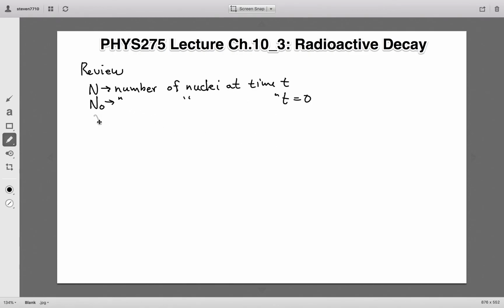We call lambda our decay constant, which is essentially in the units of decays per second, or per time interval. We have minus dN/dt as the decay rate.